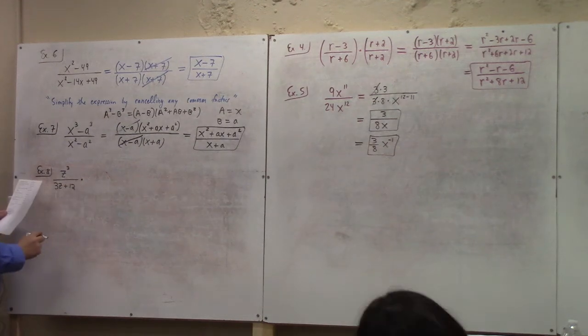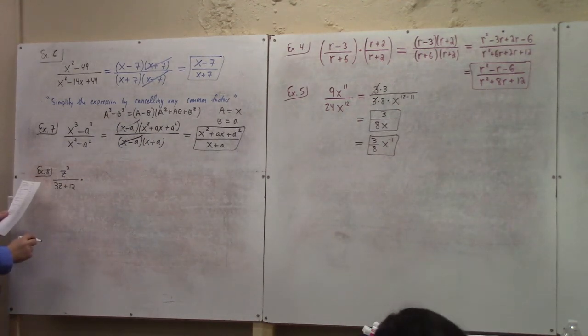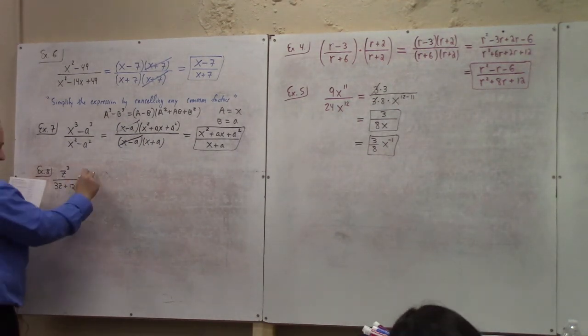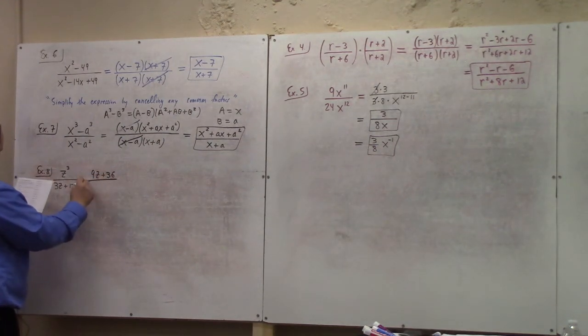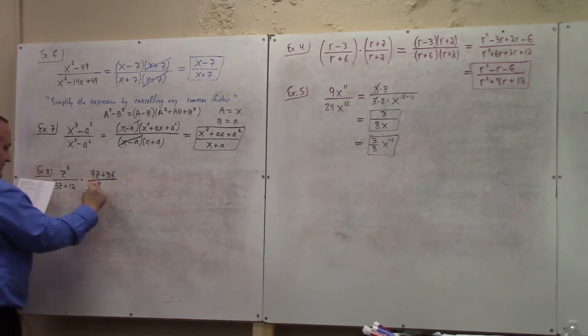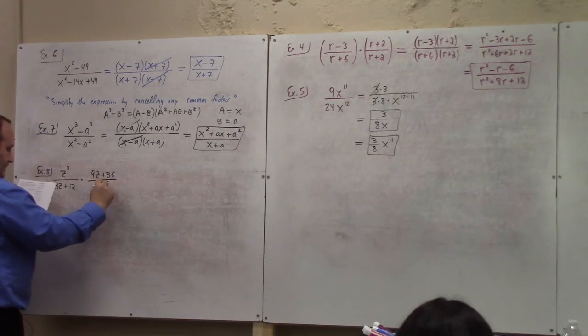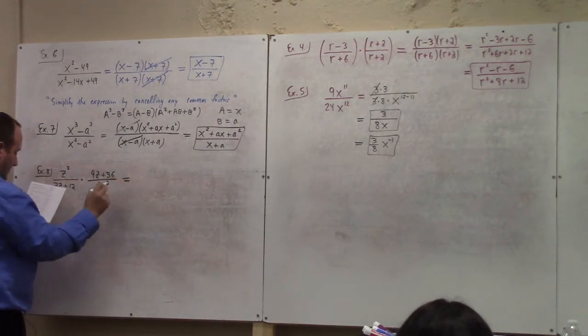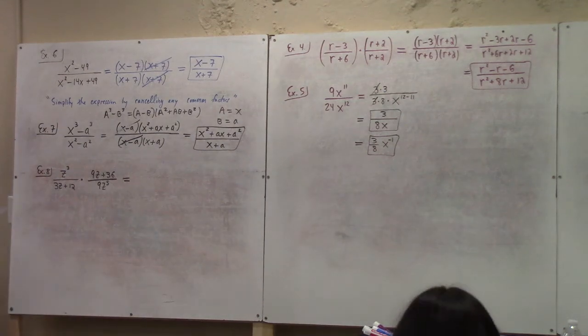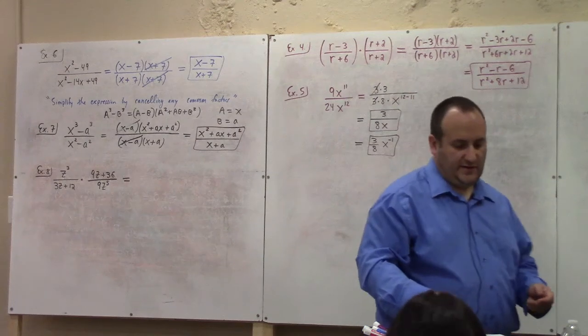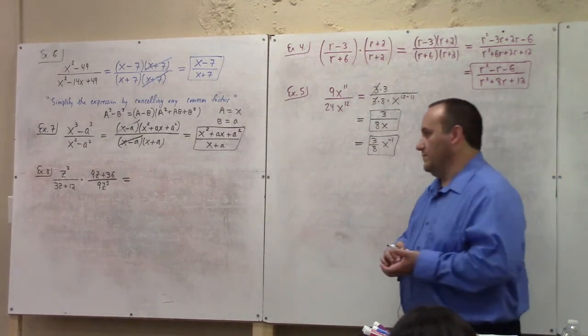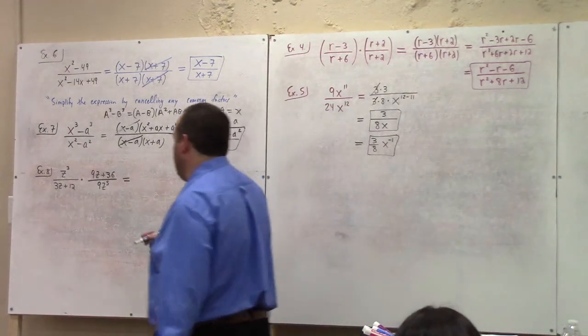Exercise 8 says simplify z cubed over 3z plus 12 times 9z plus 36 divided by 9z to the 5th. So I'm going to show you an idea here, which is it pays to do some factoring before we do the multiplication.